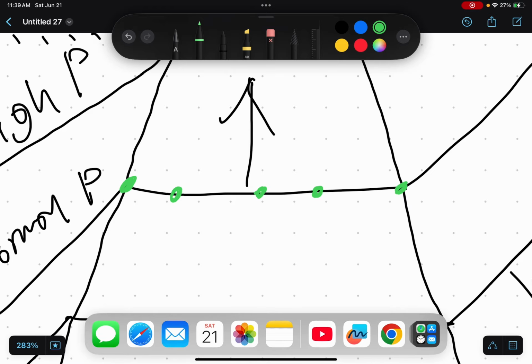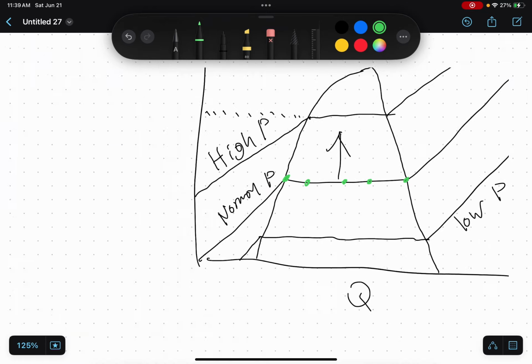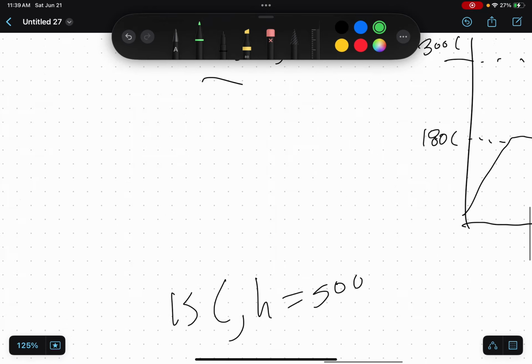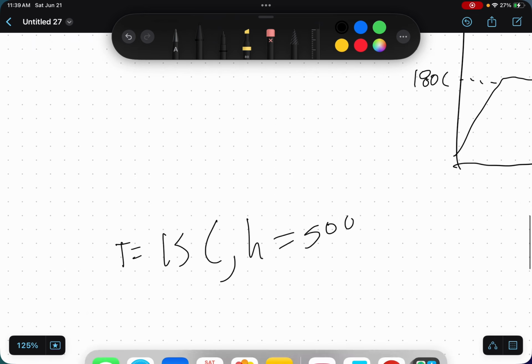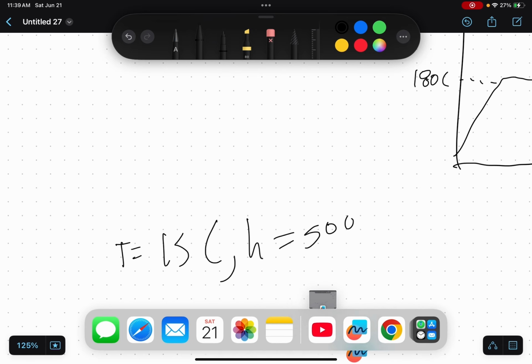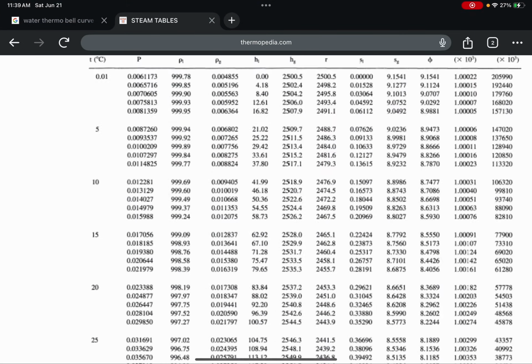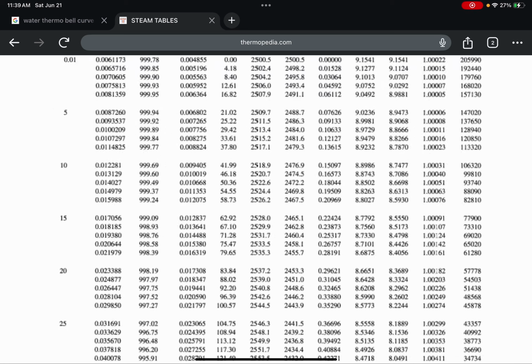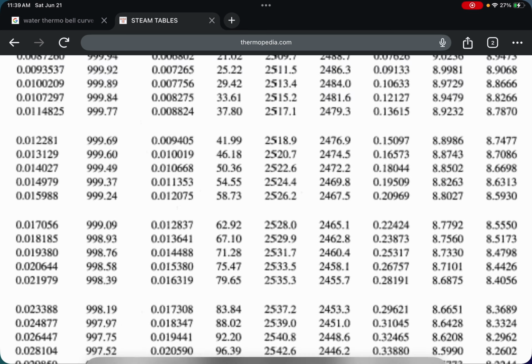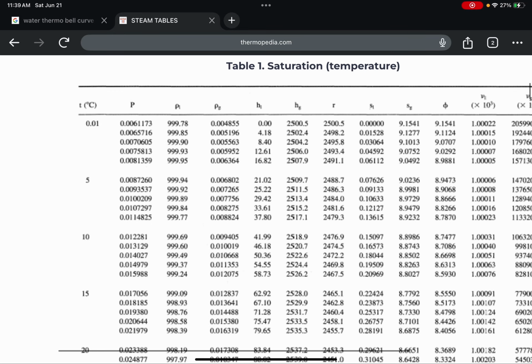Okay. So what was my example? Temperature equals 15 Celsius, H equals 500. So 15 Celsius, H is fourth and fifth column, 62.92 and 2528.